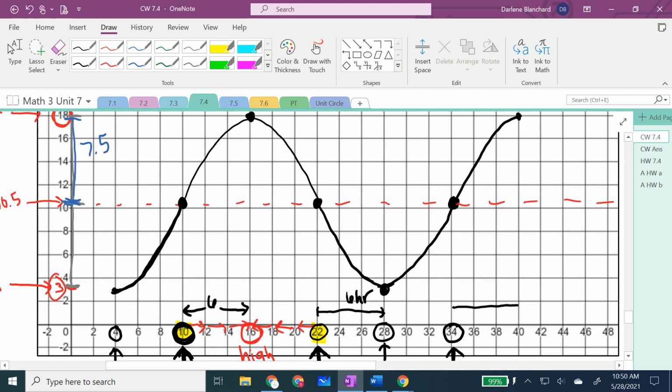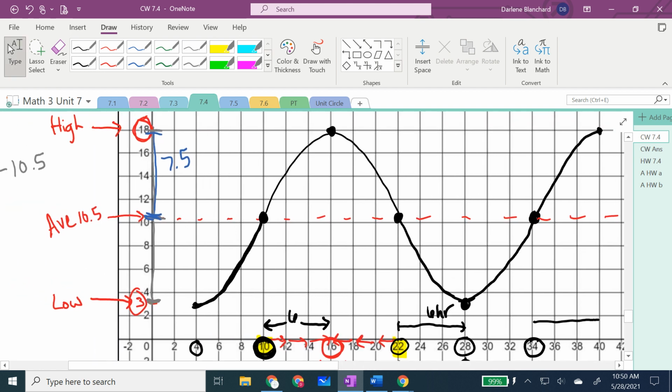But I could also look at it as 24 hours before this time. Although that's going to go off the grid that I have drawn here, but that is still a correct answer. My high point occurs at time 16.